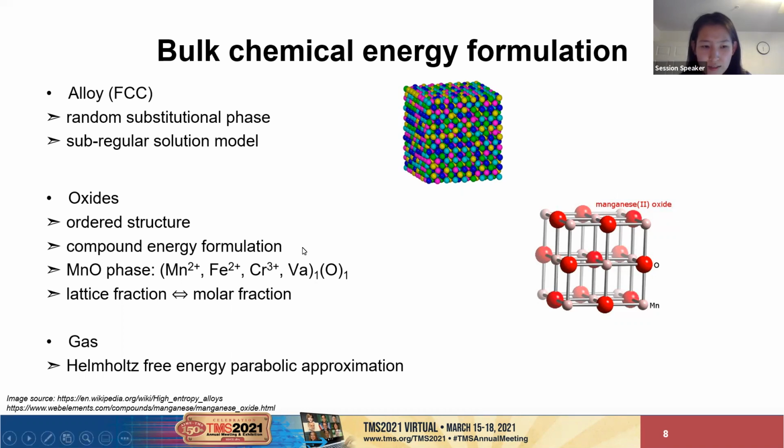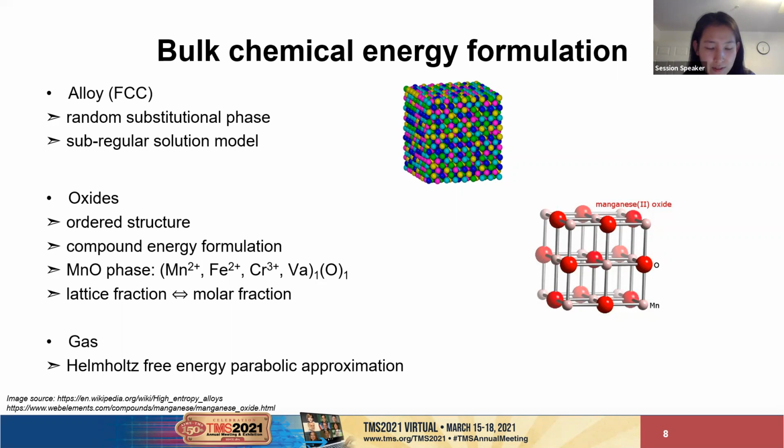And in this case, the compound energy formulation is more appropriate. And if we relate the lattice fraction from the compound energy formulation and the molar fraction, then we can formulate our Cahn-Hilliard equation using the molar fraction as the conserved variables.